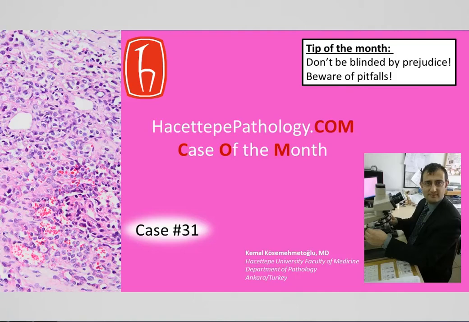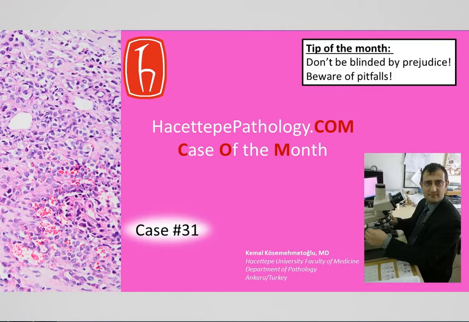This month I'm going to show you a case, a core biopsy from a 40-year-old male patient with a primary huge mass in the adrenal region, showing extensive metastasis to the whole body.